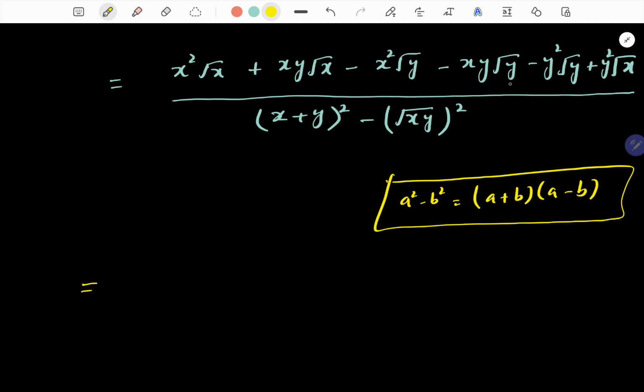We just rearrange the numerator terms. It will be x square root of x plus xy square root of x and plus y square root of x.